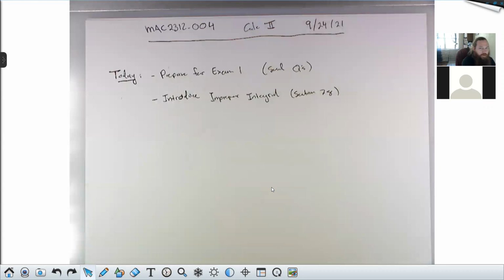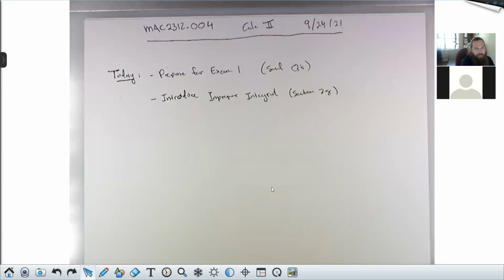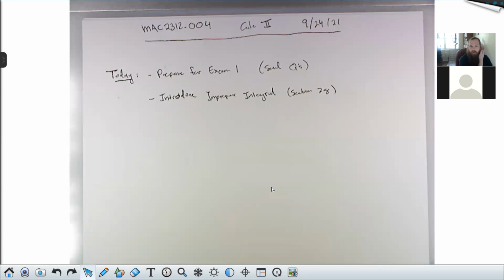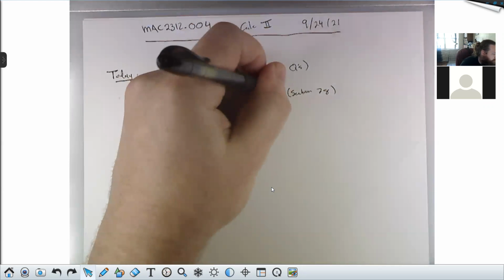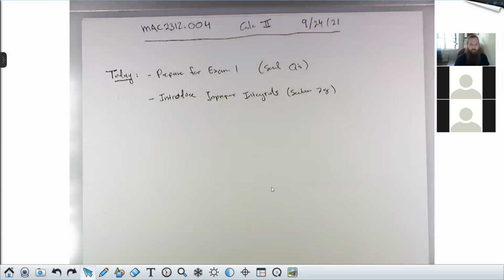That's the first section we're going to hit after we come back. Is this going to be on the test? No, improper integrals very much not on the test. Not on this test. They're on the next test. So I'm not going to cover any of the deep material from this. Just want to get you used to the idea.